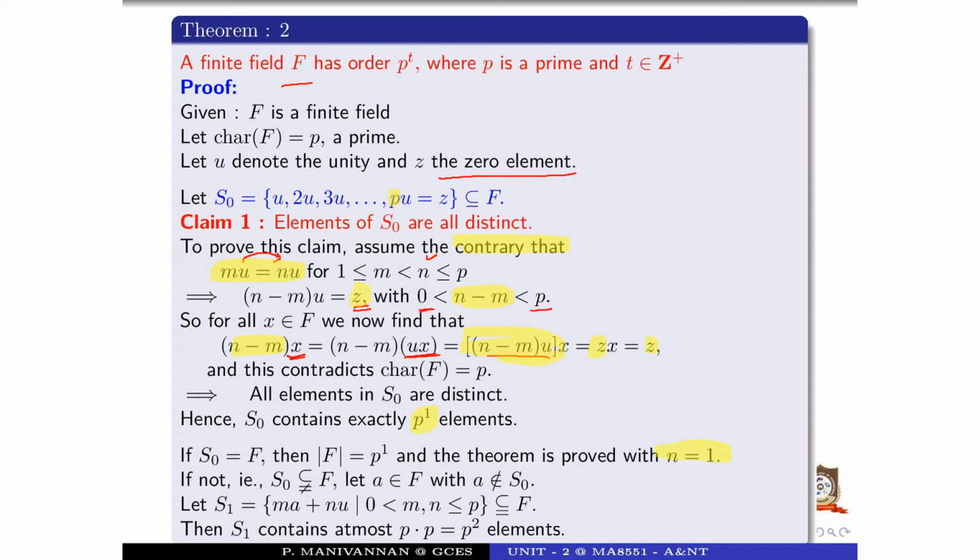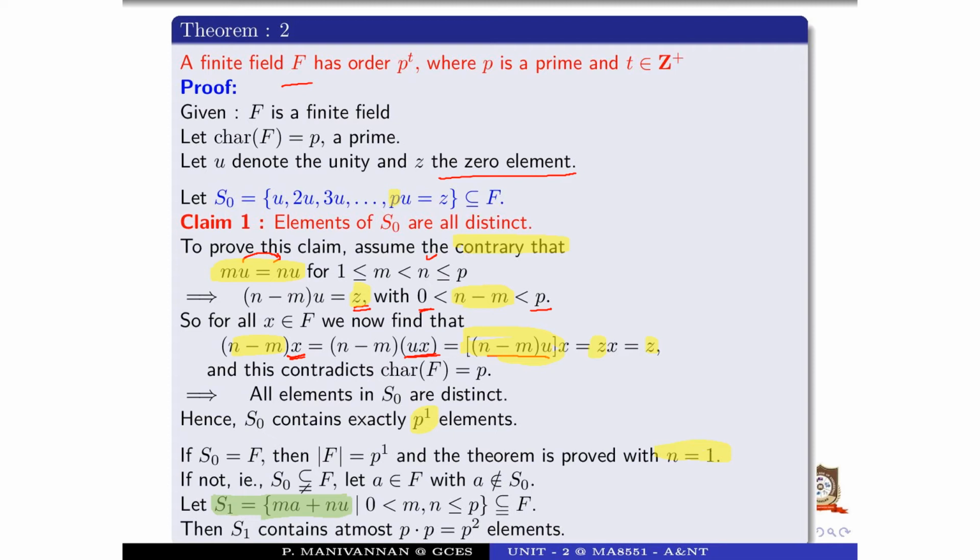If not, what is if not? S naught is not equal to F. That means S naught is not contained in F. Let us assume a belongs to F with a not belonging to S naught. Here, let us assume S1 equal to the collection of ma + nu, where m and n are greater than 0 but less than or equal to p.